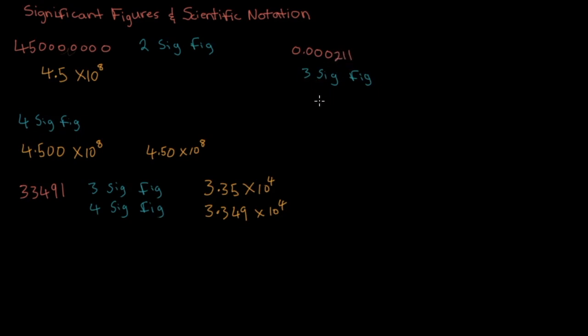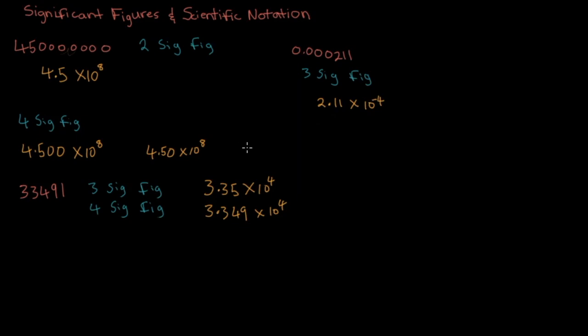So 2.11 times 10 to the something. Again, we would start our decimal right after the 2 here, and we're going to count backwards to the decimal. So 1, 2, 3, 4. All right, so it would be times 10 to the negative 4.